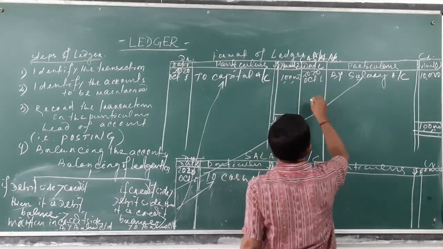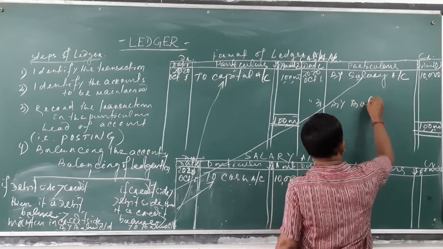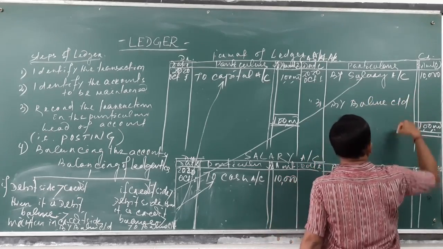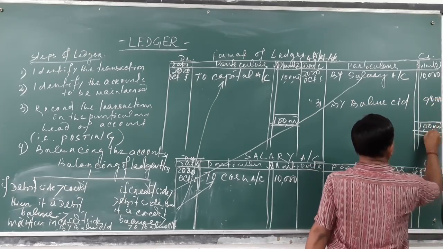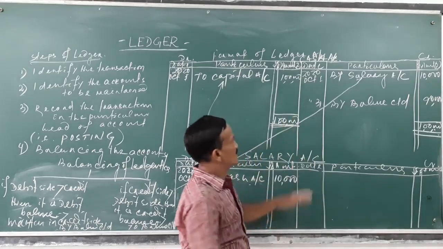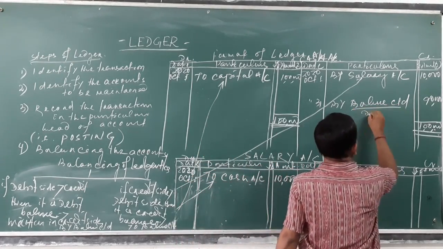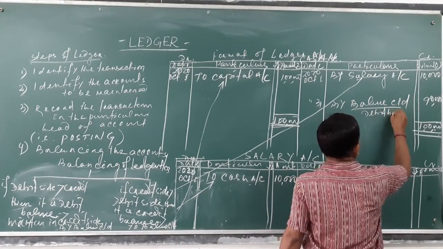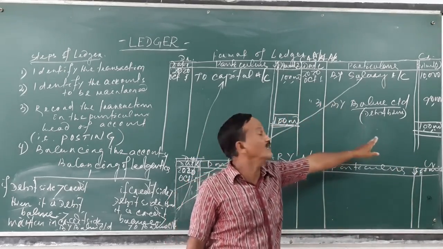The difference amount, on October 31st, is put by balance carried down, 90,000. So the total is 1 lakh rupees. So this is balanced. This is called a debit balance.